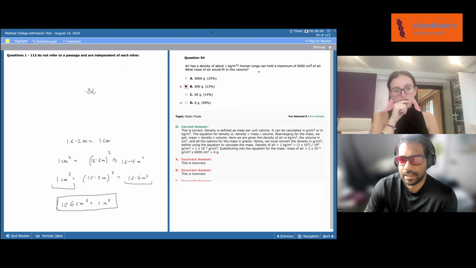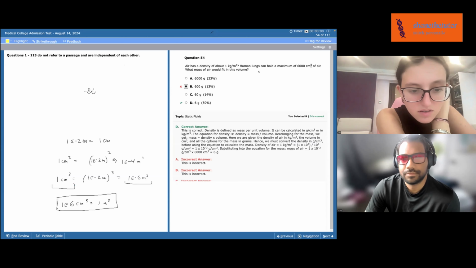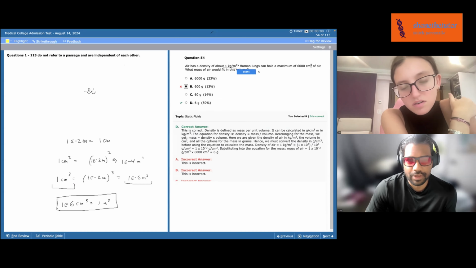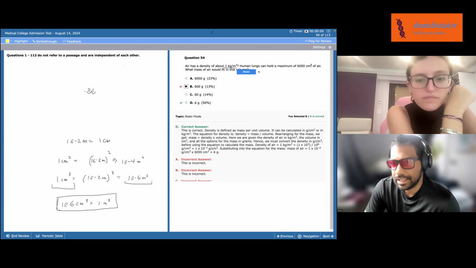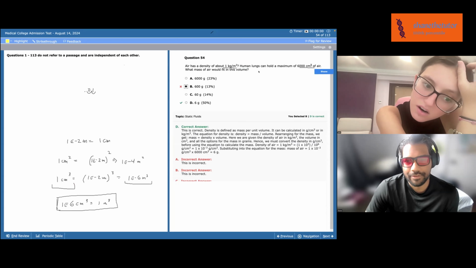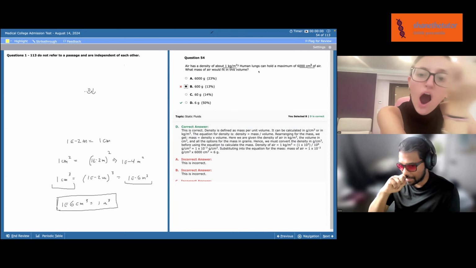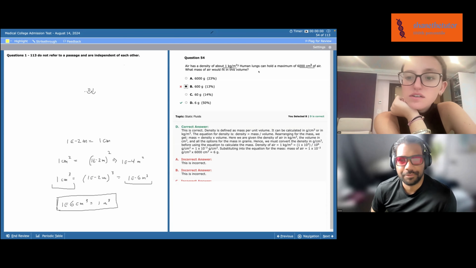Okay, so now if we're given this density here and we have this volume here and we're being asked to find mass, what do we do?